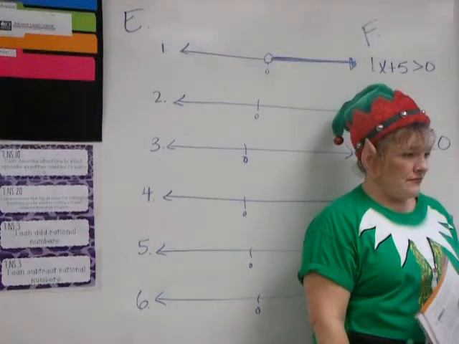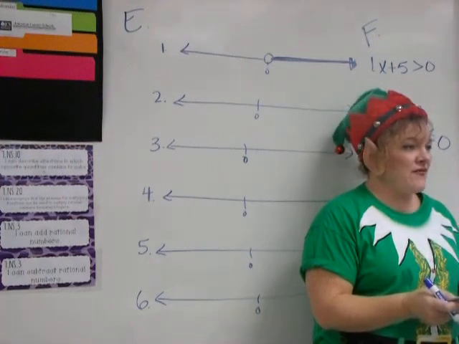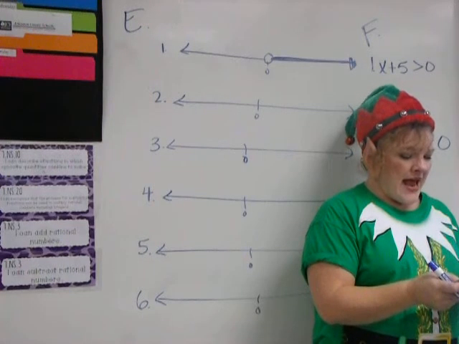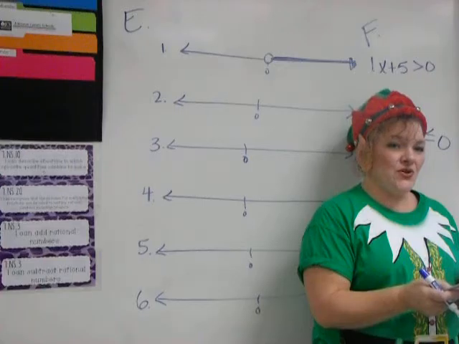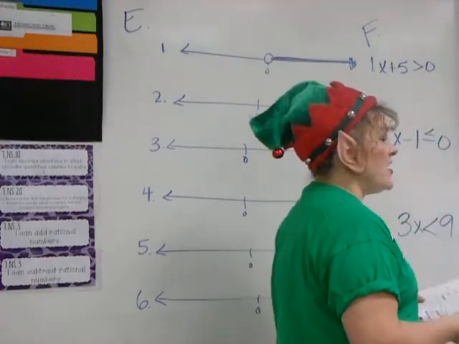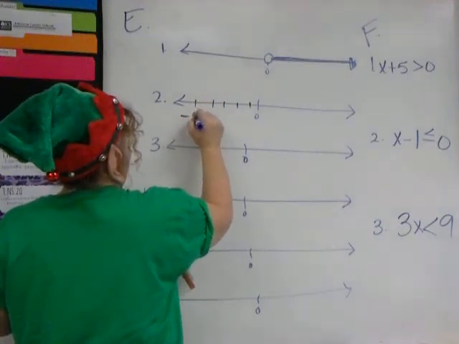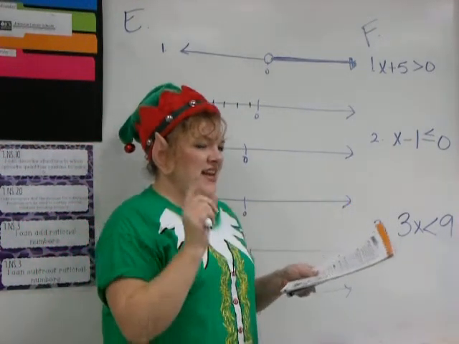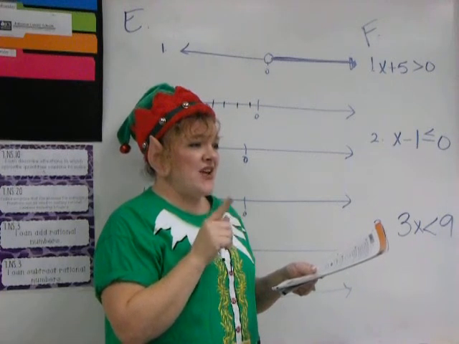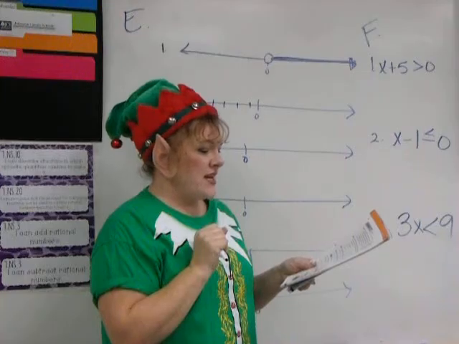Oh, that is right. Number 2. Now listen to the qualifications. X is less than or equal to -5. So I'm going to put my circle around -5. Is -5 included here? Yes.